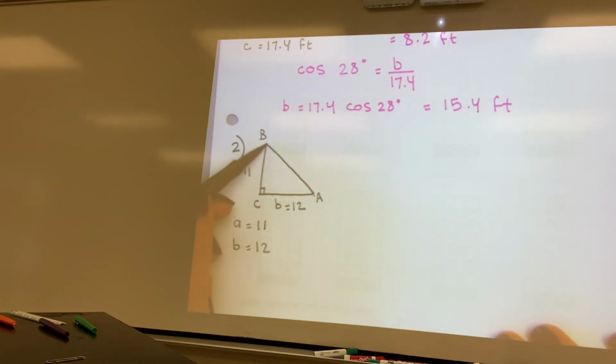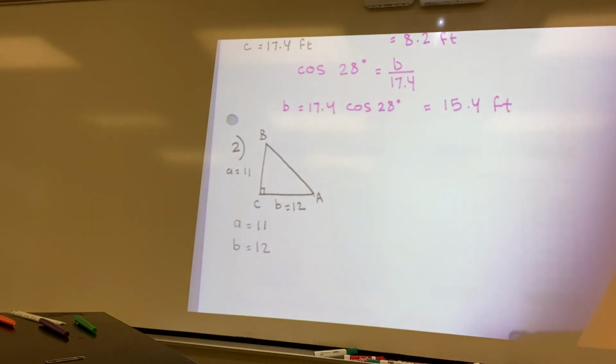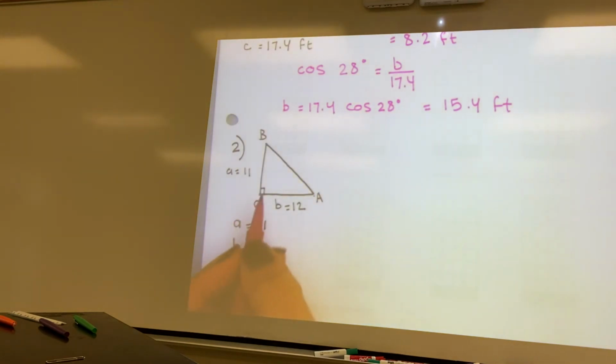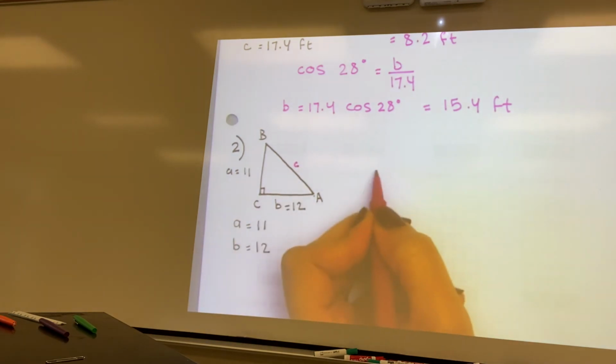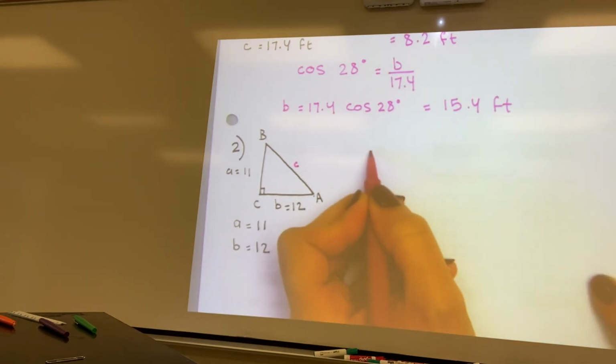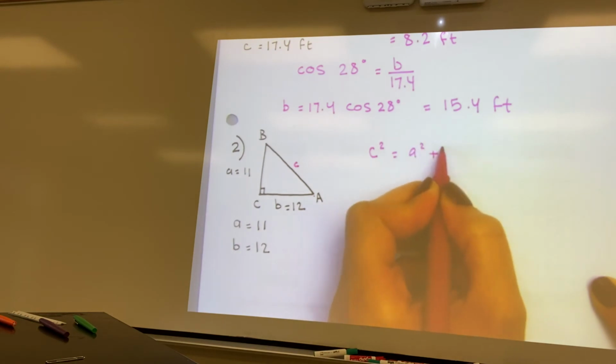And I will find the length of the hypotenuse. Then I will find the measure of angle A and angle B. So first, let's find the length of the hypotenuse, applying the Pythagorean theorem. And this is C. So it will be C squared equals A squared plus B squared.